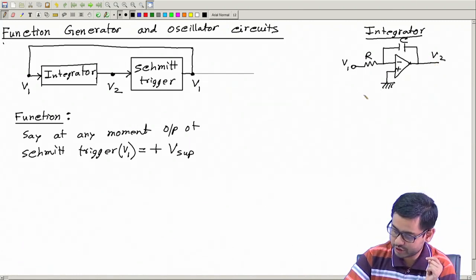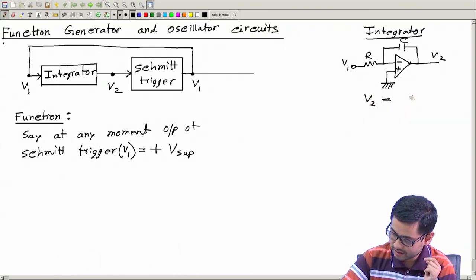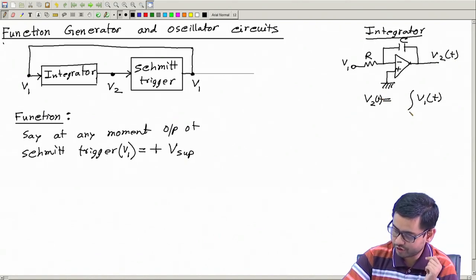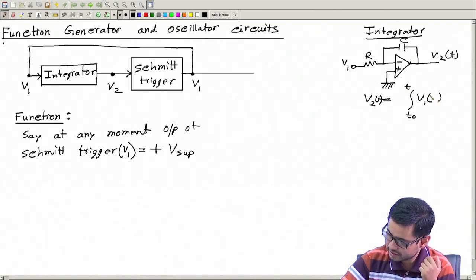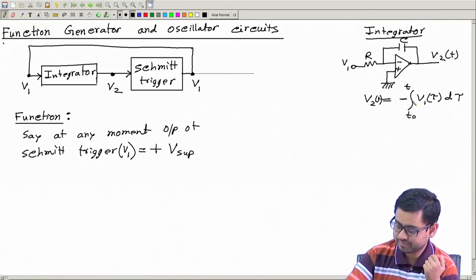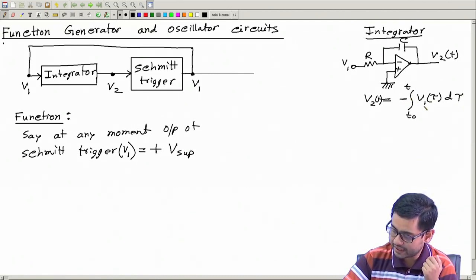So V2 is minus the integration of V1 of tau d tau from some time t0 to t, times the constant 1 over RC.